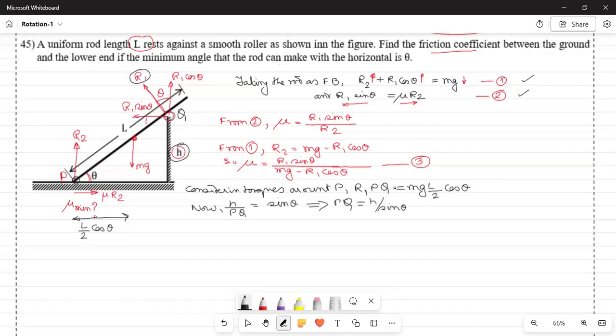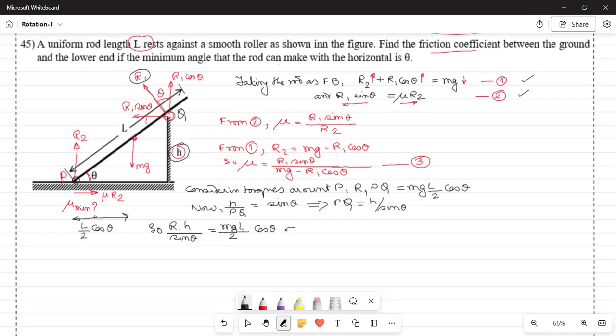So you put the value of PQ in this equation: R1 H upon sine theta is equal to mgL by 2 cos theta.